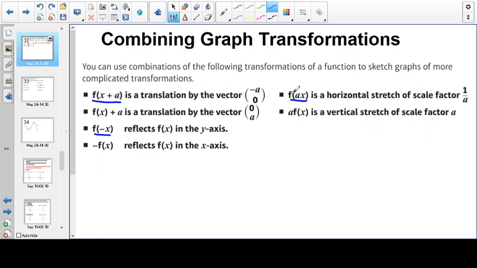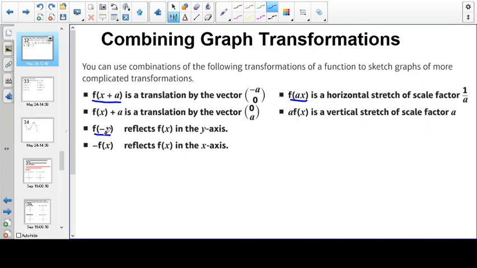If it was f of 2x, then that would be a stretch scale factor of half. If it was f of a quarter x, that would be a stretch scale factor 4. So it's doing the inverse. So in brackets, think of it as an inverse operation. f of minus x is affecting the x coordinates, which means it gets reflected in the y-axis.